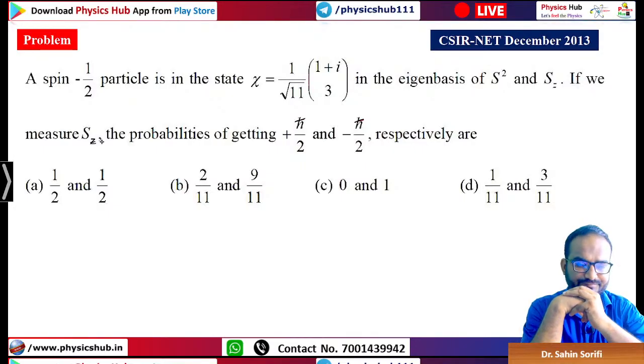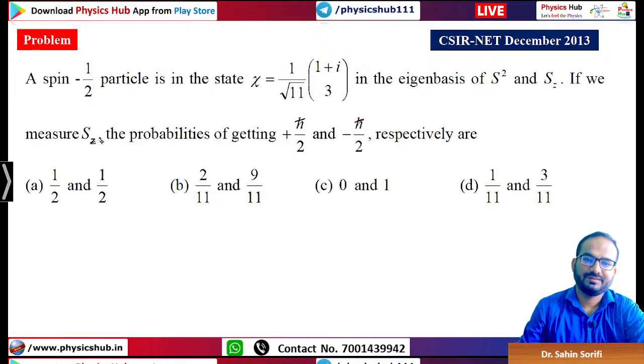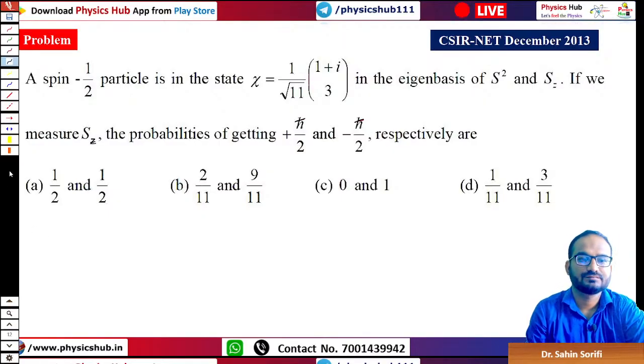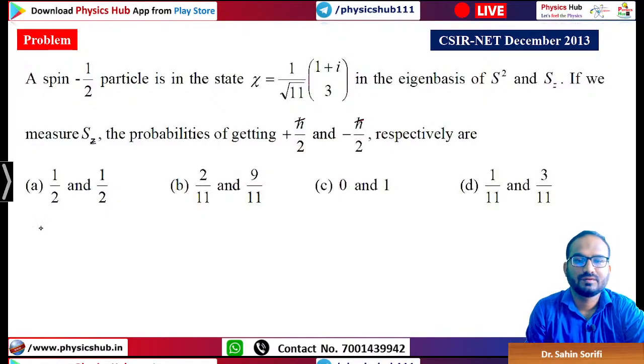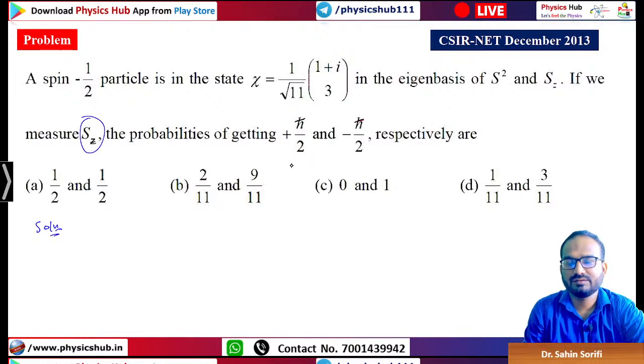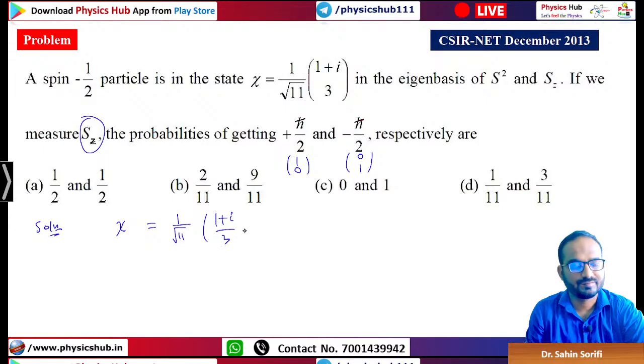D or B? Look, so again S_z, again H cut by 2 corresponding to (1 0) minus H cut by 2 corresponding to (0 1). Okay, so chi is equal to 1 upon root 11 times (1 plus i by 3).